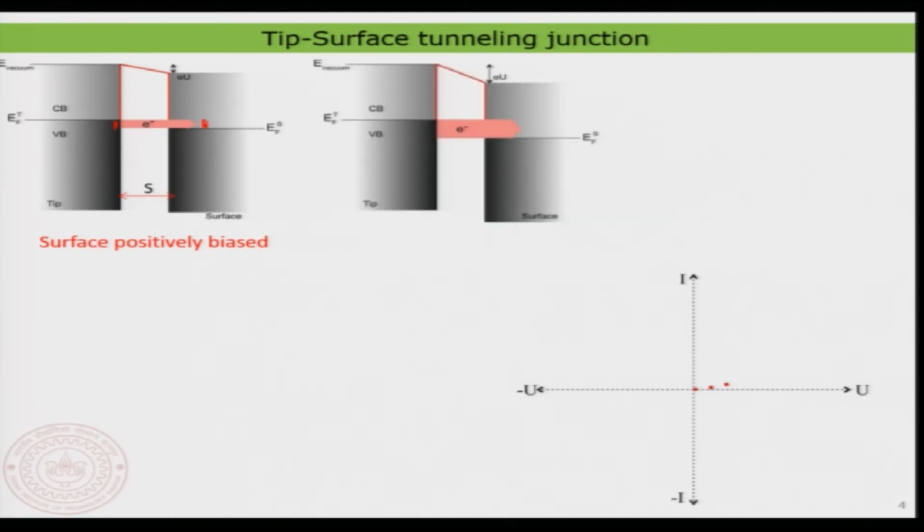Now, I am going to apply a larger bias, which is what is indicated by this. So, I am going in the voltage axis more to the positive side, and then you obviously see that I have more electrons.